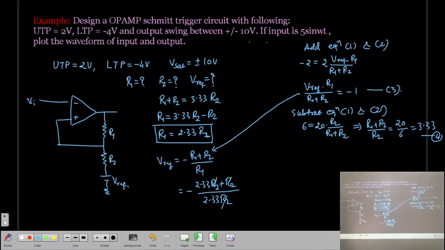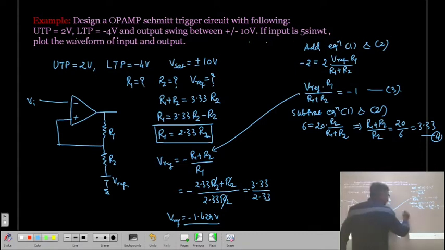Here you have 3.33 divided by 2.33, but negative. And if you calculate, this will come out to be minus 1.429 volt. Remember, minus 1. So the reference voltage is minus 1.429. And now we can find out the values of R1 and R2.